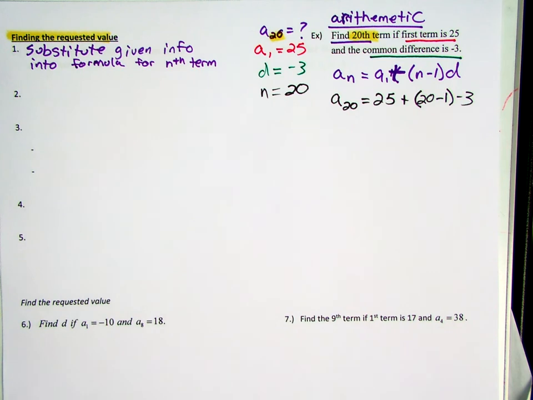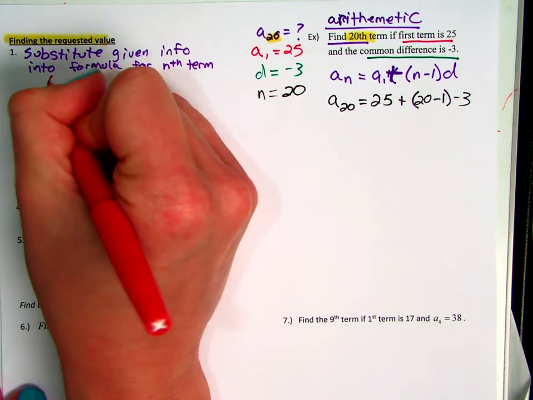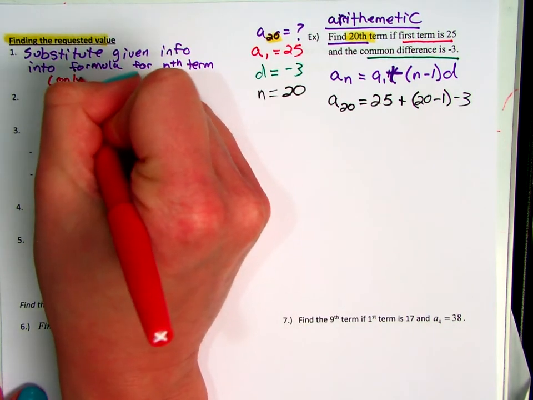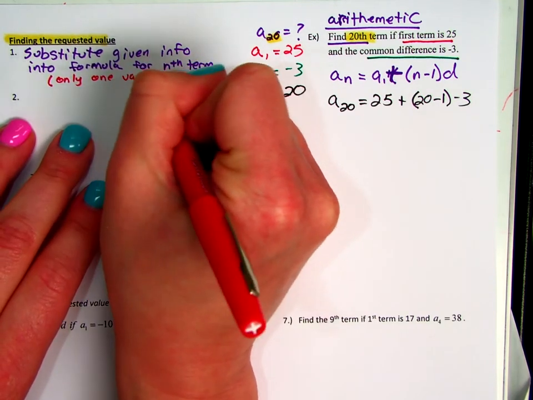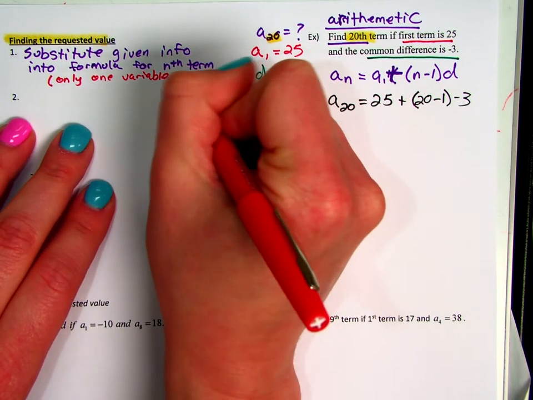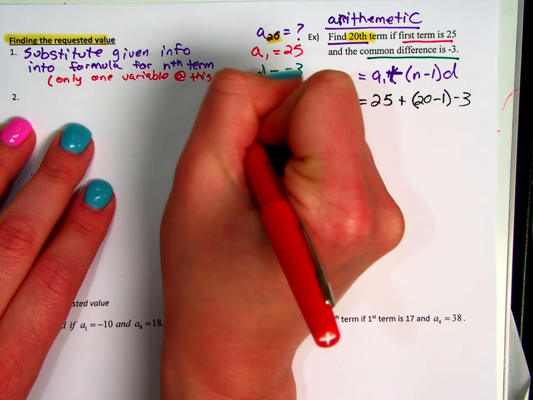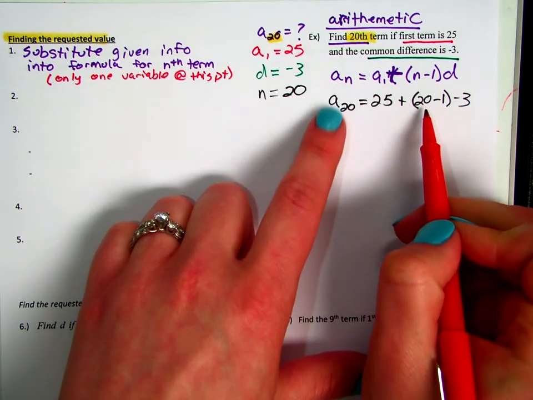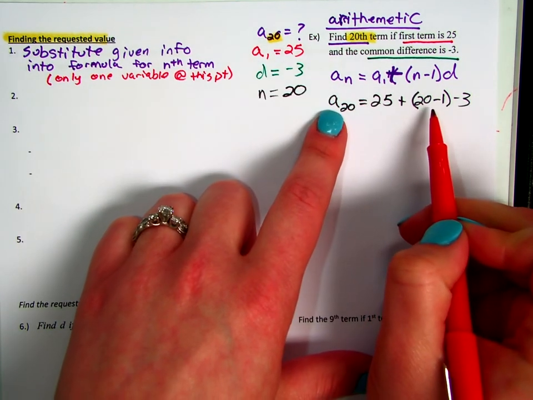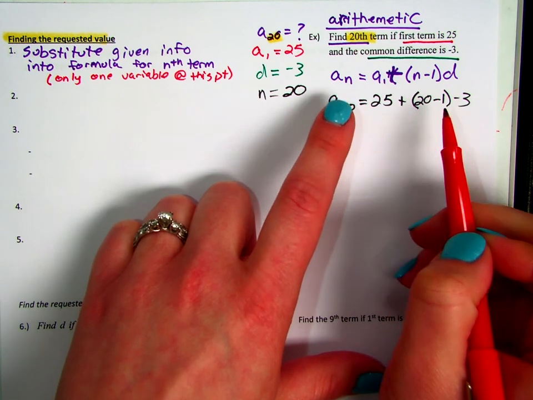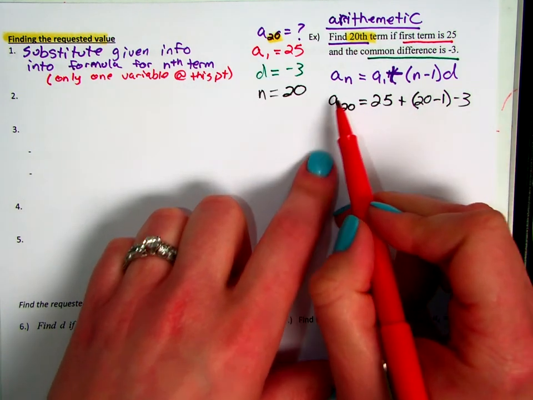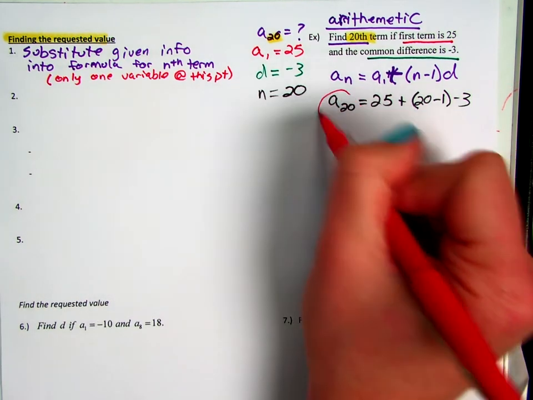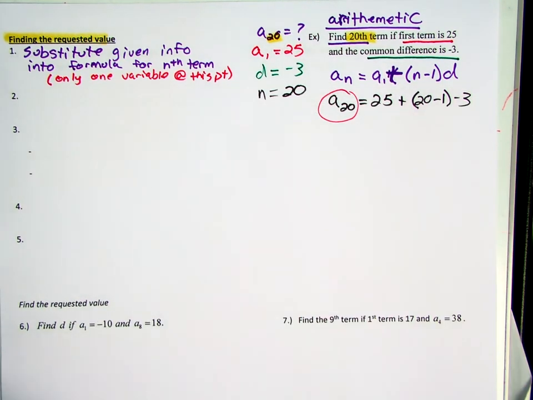I always do this as a check for myself: at this point there should only be one variable in the equation. If I had put an n here, I would have had two variables, a sub n and n, and I would have known that I did something wrong. You can only have one variable if you're going to solve. In this case, the variable that we're trying to solve for is a sub 20.